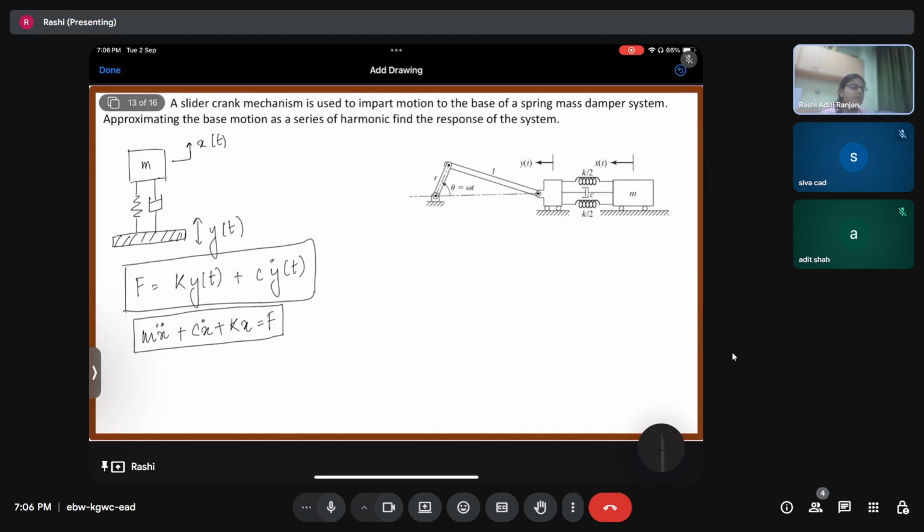Now, as it was discussed also earlier, F could be any kind of forcing with respect to time. But we have the power that we can write this F in terms of an infinite series of harmonics using the Fourier transform. What we were doing in Fourier transform, we were having a forcing signal, and we were writing it in terms of a series of sines and cosines.